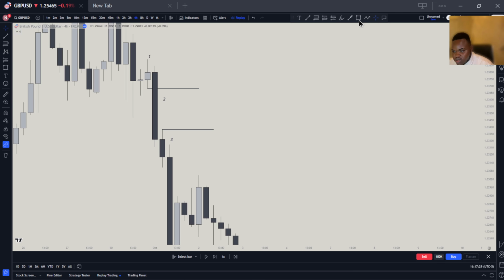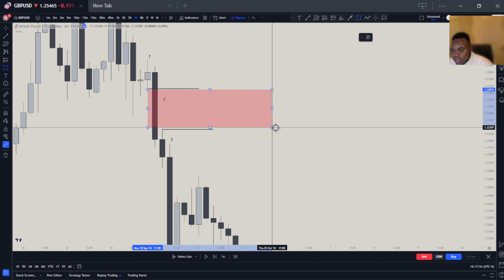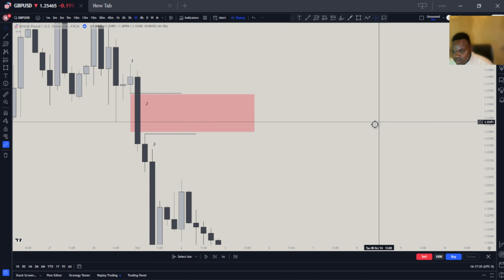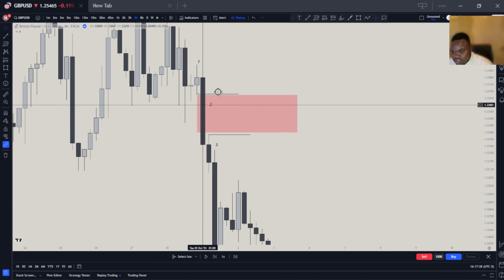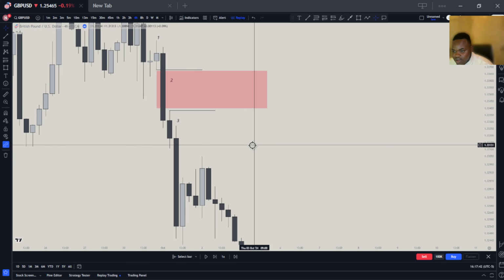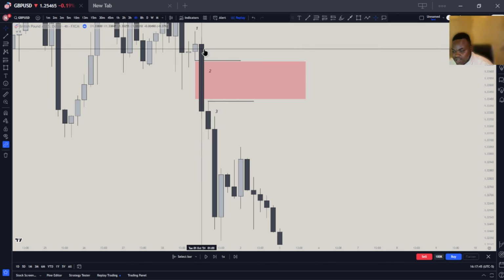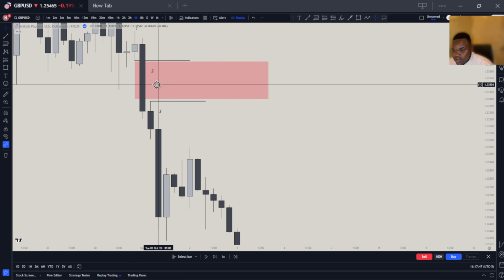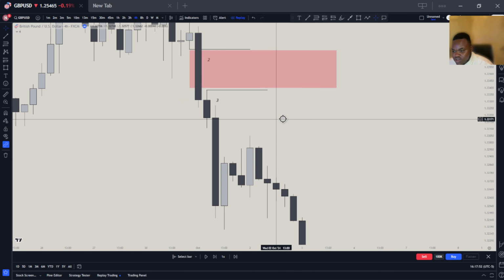So this gap that is left right here is inefficiency. This is an imbalance or inefficiency. What this is telling us is at this time of price in markets, there's only sellers in the market. You can see these 3 huge candles, so there are only active sellers in the market.